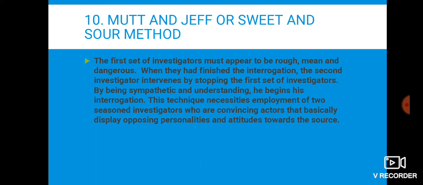Hindi tulad nung nauna na pagalit na nakikipag-usap. At yun yung magiging daan para makuha nila yung tiwala nung suspect or nung witness na iniimbestigahan nila. So, yun lang. Next, proceed na tayo sa 10 signs of deceptions.